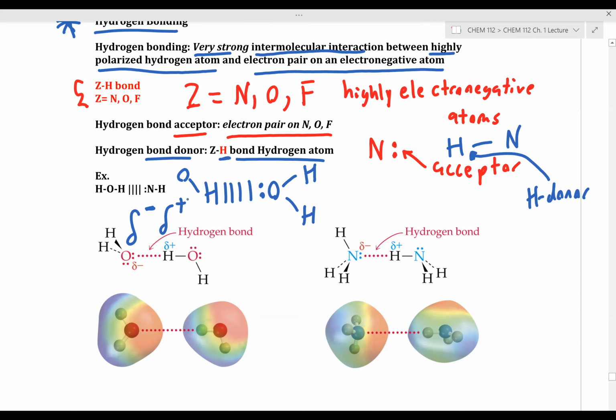So you have a really, really small hydrogen atom that's nestled up and able to get really close to a really localized lone pair, a lone pair on a very electronegative atom that has a large amount of partial negative charge. So as a result, is this delta minus, delta plus interaction going to be strong or weak?